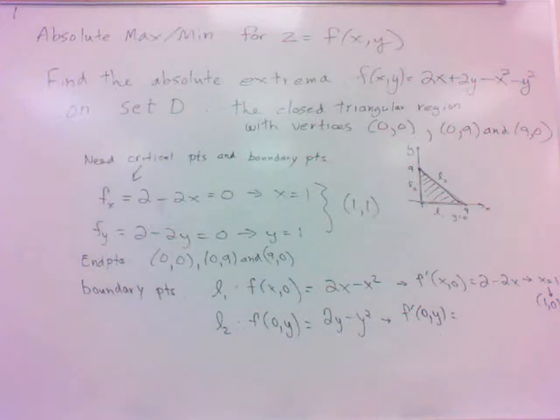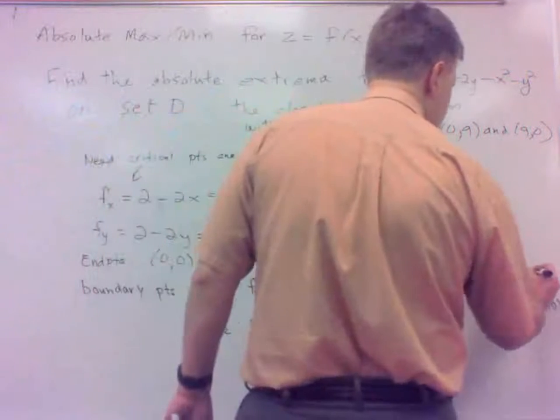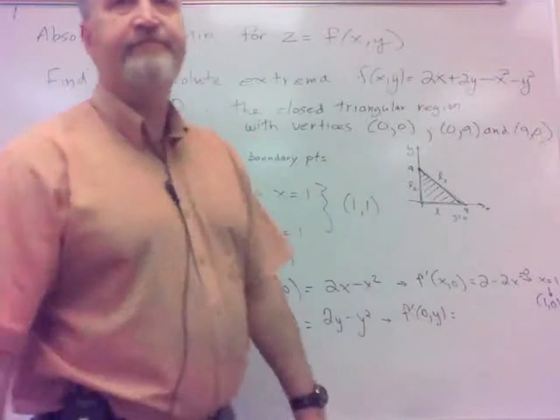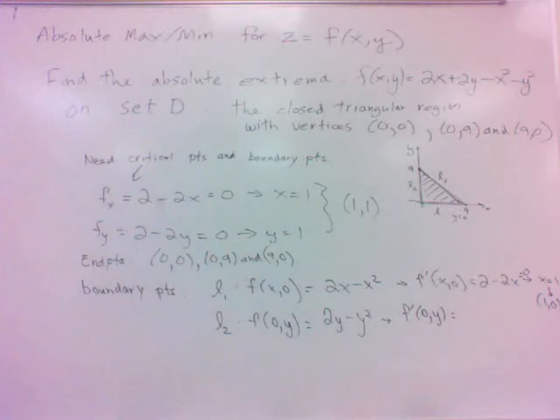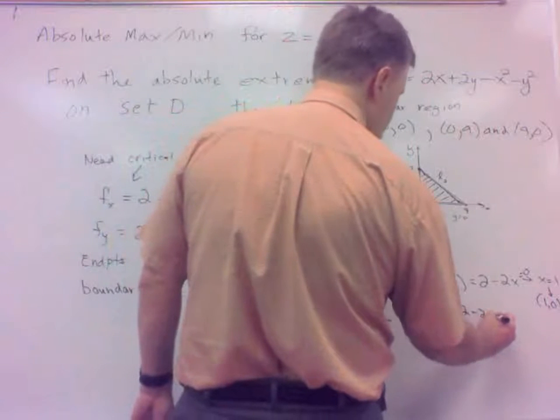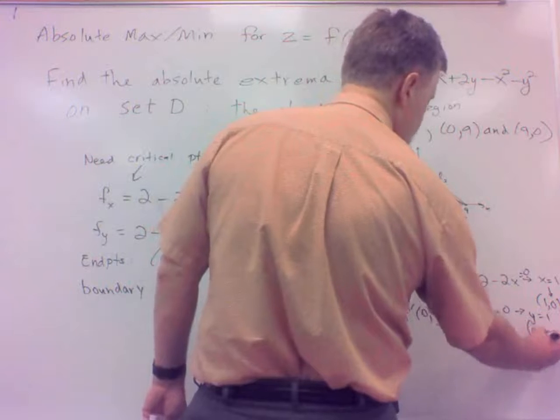Then you just do the derivative, because you're trying to find the critical numbers where you might have a maximum or minimum. So the derivative of that would be 2 minus 2y. Y equals 1. So that's 0, 1.